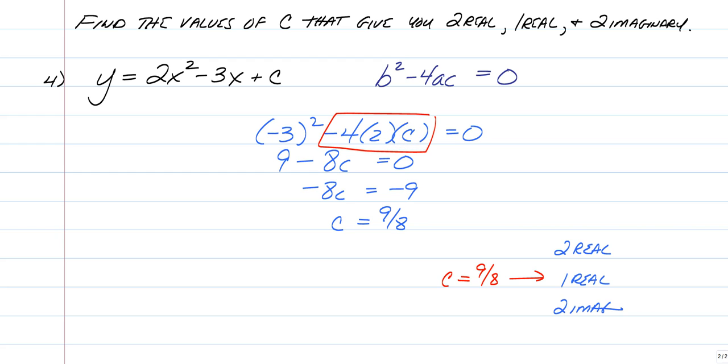So a negative number would give us two imaginaries. So if c is greater than 9/8, we will get a negative number giving us two imaginary solutions. So that means the other option is going to go with two reals. So if c is less than 9/8, it'll be a positive discriminant, leaving us with two real solutions.